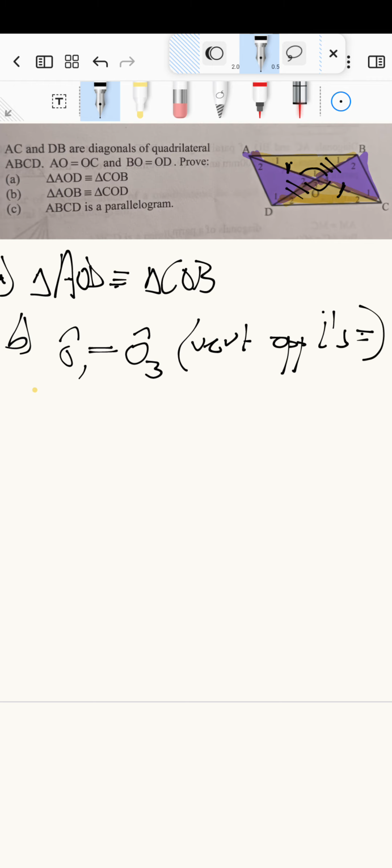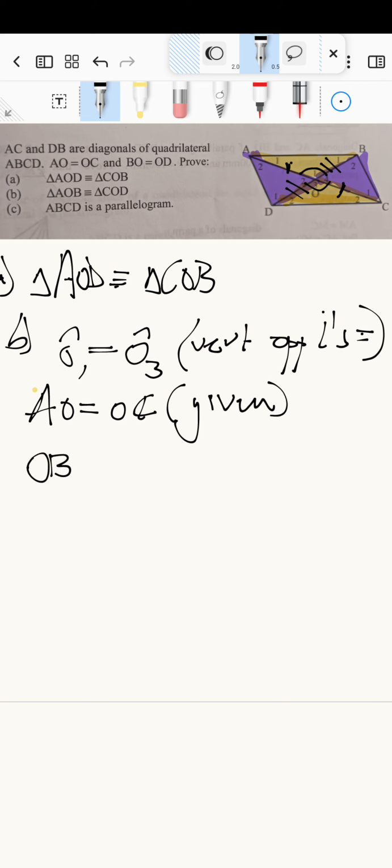We mentioned it in the previous video, but I removed it from the slide, so I'll write it again. AO is equal to OC. This is given. As well as OB equals OD, also given.